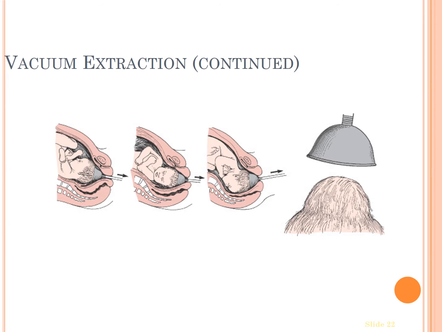And again, these pictures are in your book on page 180, but it's like a little cup, and I will bring this to class tomorrow so y'all can see it. There's different ones today. They're a lot easier to use than they used to be. But again, it forms a suction around the baby's head, and again, gentle traction with each push is applied to help guide the baby through the pelvis.